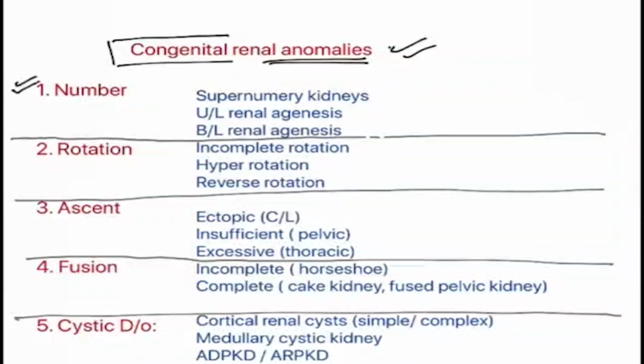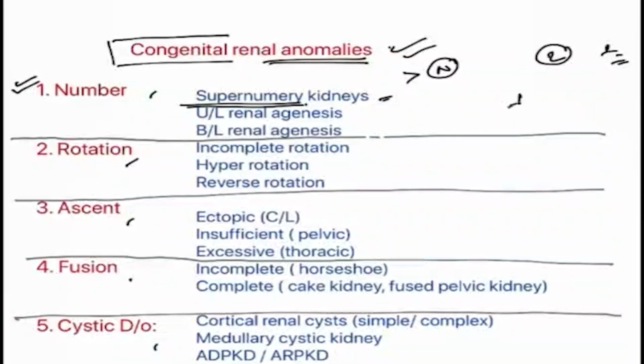Now coming to the congenital renal anomalies. So the kidney anomalies can be classified based on the abnormalities in number of kidneys, rotation, ascent, fusion and cystic disorder. So when the kidneys are more than the normal, that is not 2 kidneys, one on each side, then it is supernumerary kidneys.